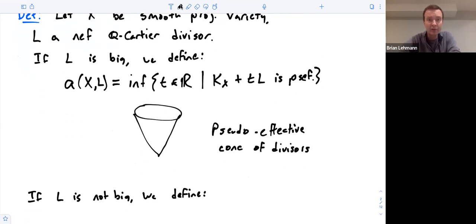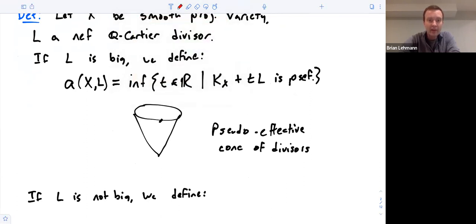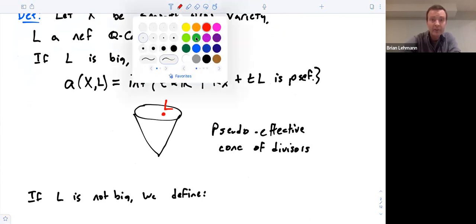So here's a picture of what's going on. If L is a big divisor, then that means in particular that L is going to be lying in the interior of the pseudo-effective cone. So this is supposed to be a picture of the pseudo-effective cone of divisors. L is lying in the interior.